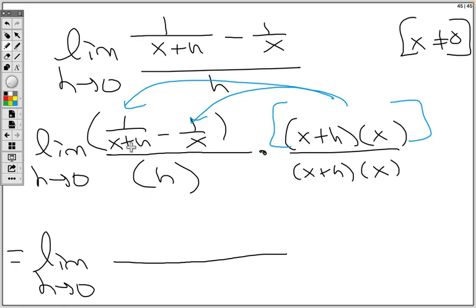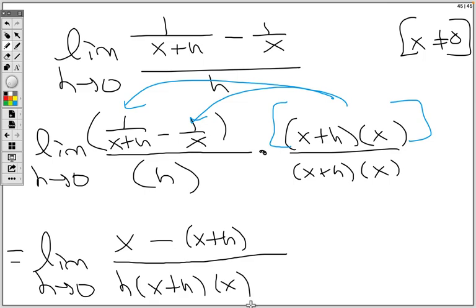Coming into the first, the x plus h will cancel, the x will remain, minus the second term, the x cancels, the quantity x plus h remains. Be careful with those parentheses. And are we going to multiply out the denominator, folks? No. Ultimately, we were trying to cancel that h factor out because that's what's causing the 0.